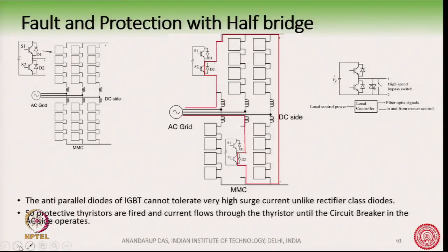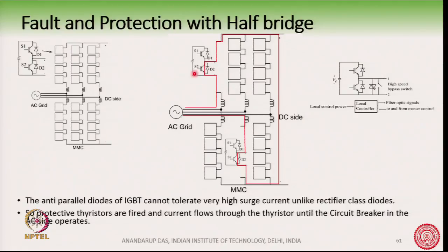However, one more thing that must be kept in mind is that the antiparallel diodes of these IGBTs are inverter class diodes. Okay. Now, there is also a rectifier class of diodes which we use in rectifiers. The I square T rating of rectifier class diodes is much higher than that of inverter class diodes.